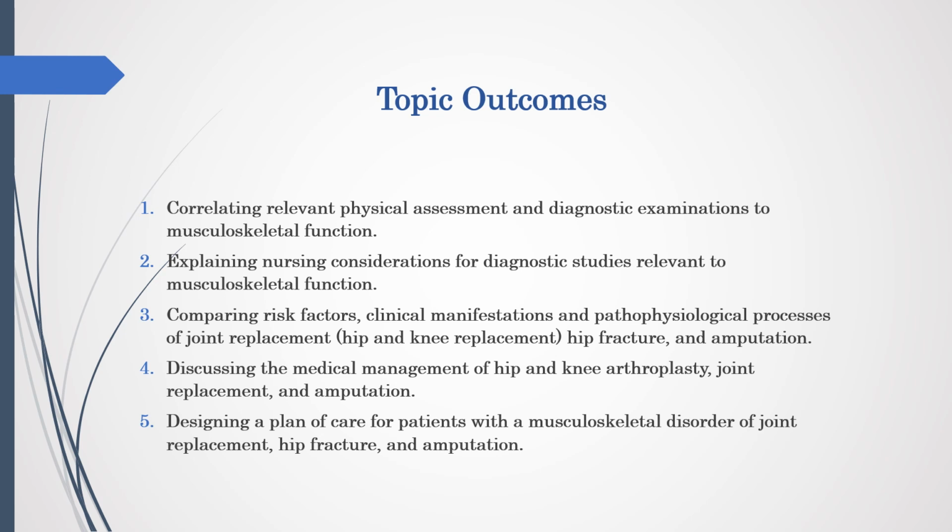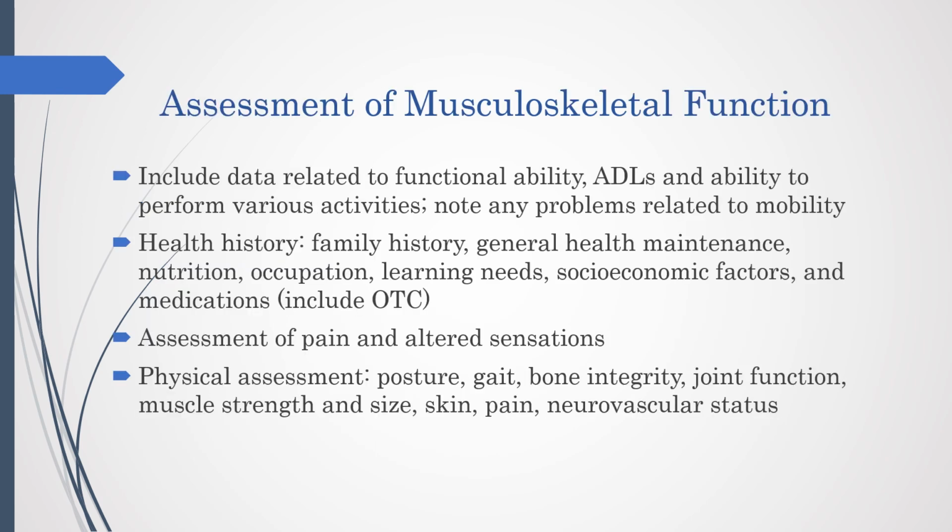Just a little bit going over the musculoskeletal system, as a refresher, which includes the bones, joints, muscles, tendons, ligaments, and bursa of the body. The function of these parts is highly integrated.